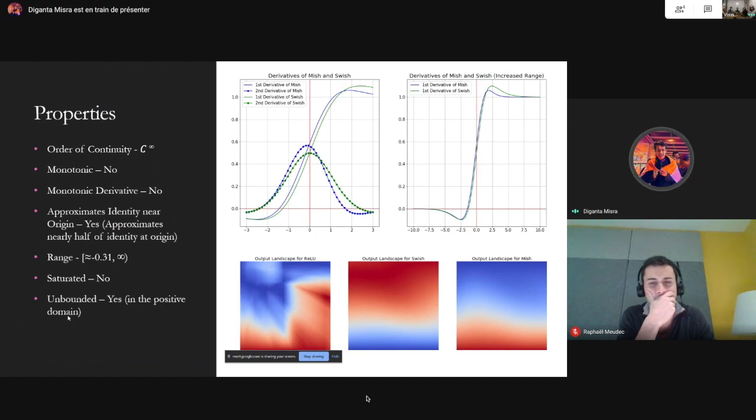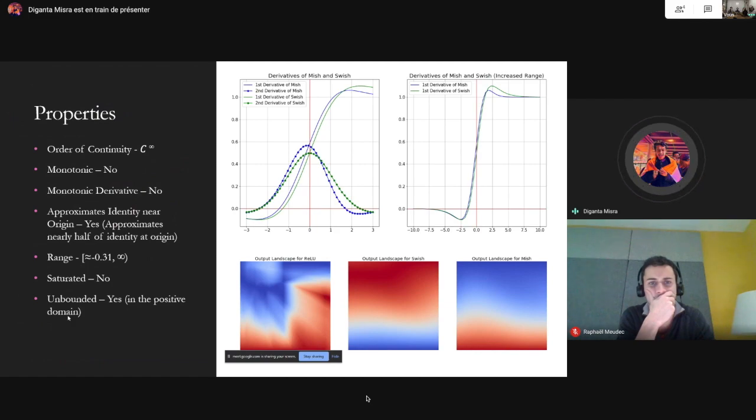So the original function at 0 should be 0, while the first derivative of the function at 0 should be 1. Both Mish and Swish satisfy the first property. Both of them are located at origin in the f of x curve, while for the f dash of x curve, they are half of identity.